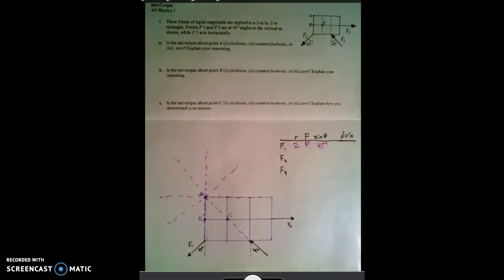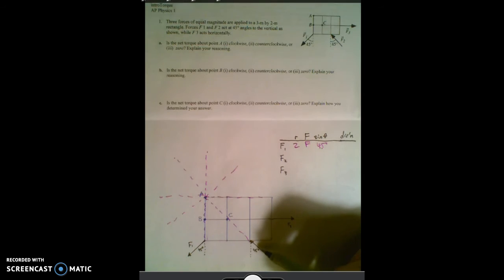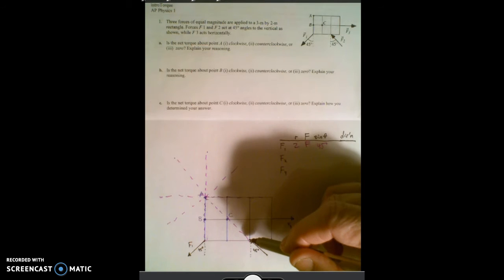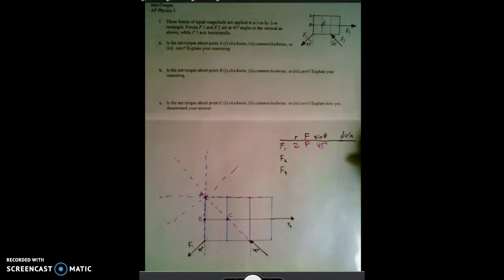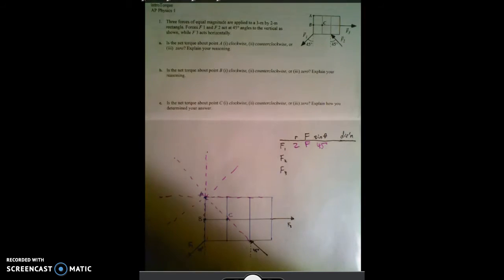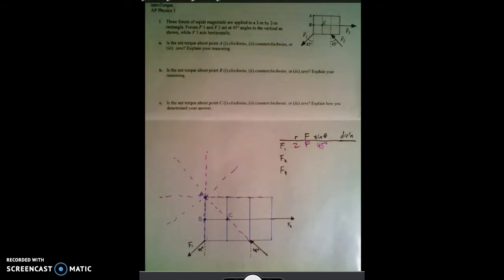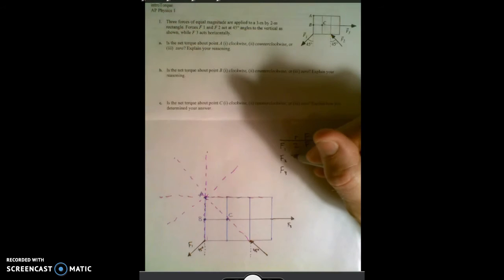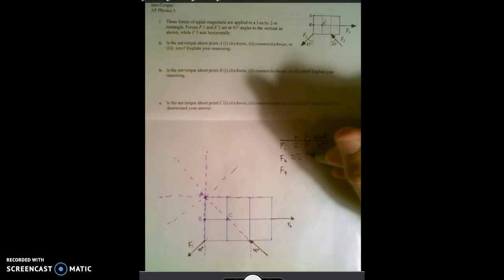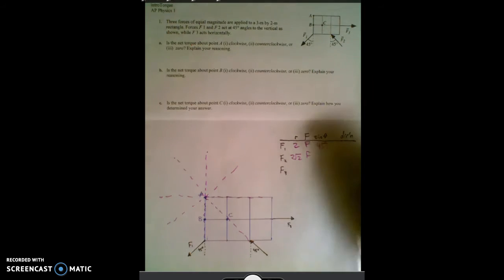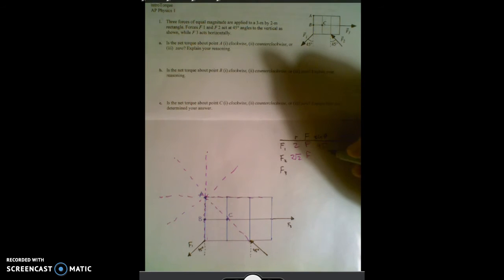F2, which I did not label on my diagram, is right here, and the radial distance on this one is 2 times radical 2, and the force is again F, but the angle here is either 0 or 180 degrees.